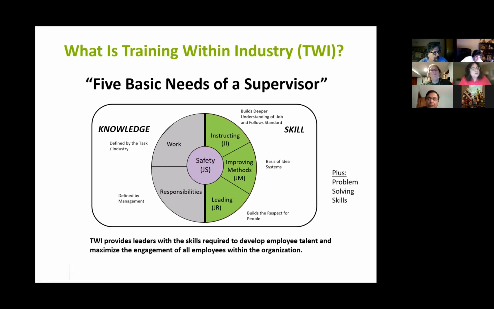And in the center, because it trumps everything else, we must have the skill in creating a safe work environment so people don't get hurt. So those are the 4 key J modules, skill building modules in training within industry. You see to the right, I have the plus problem solving skills.